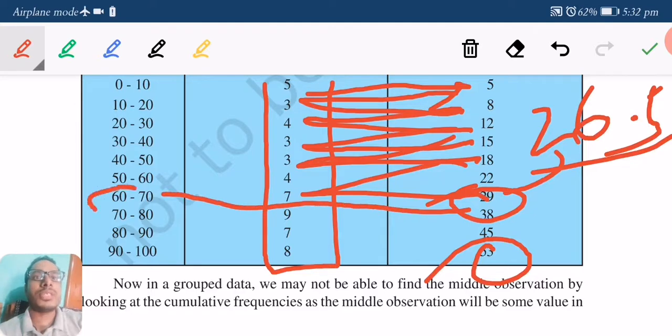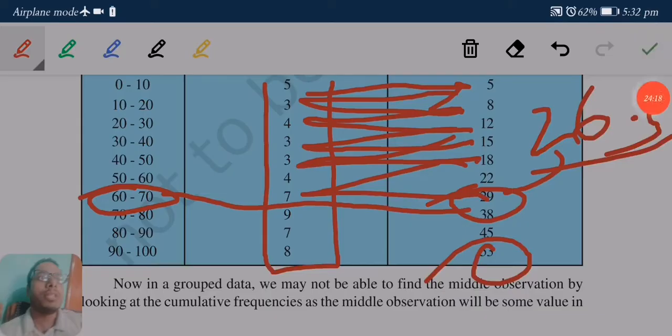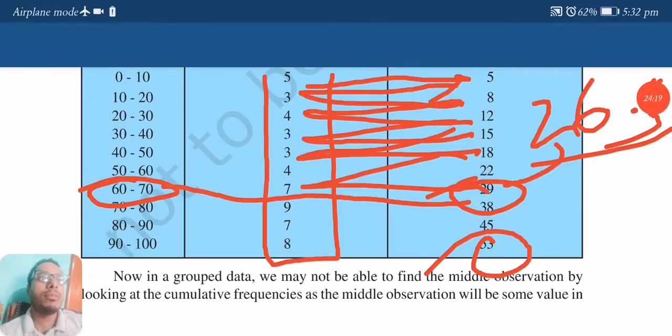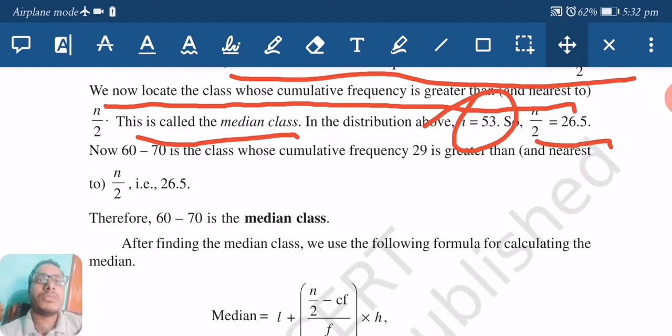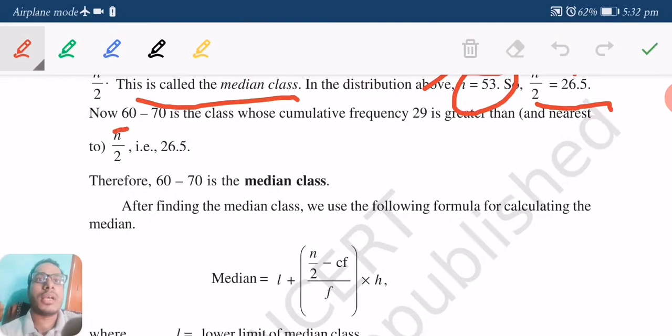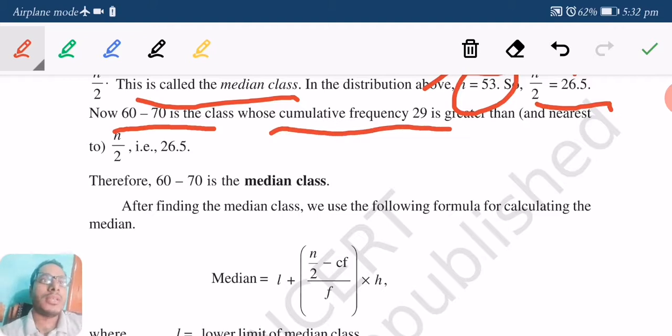It corresponds to 60 to 70, right? That's why they have taken 60 to 70 here. So this is called the median class, whose cumulative frequency is 29, which is greater than 26.5 or nearest to 26.5. So therefore 60 to 70 is the median class now.